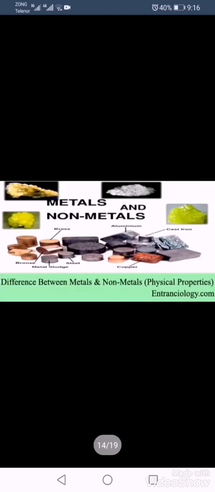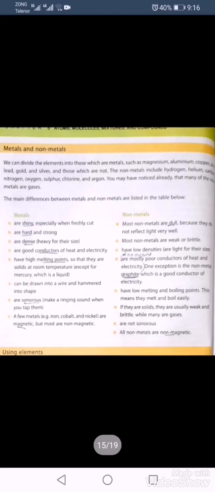Now we'll discuss metals and non-metals. Metals are always shiny. When we cut a metal, its appearance is always shiny. Metals are hard, strong, and dense.